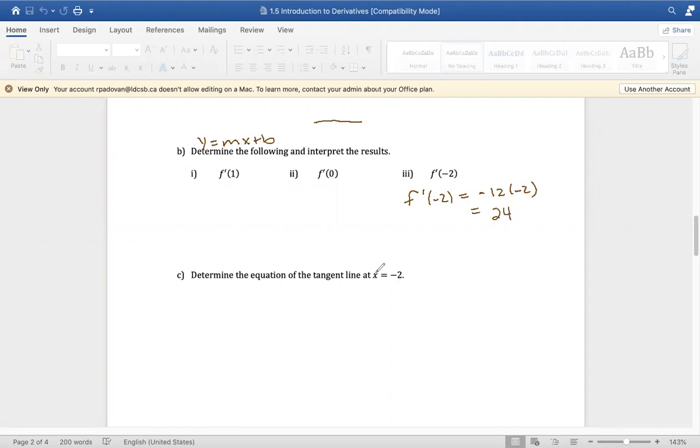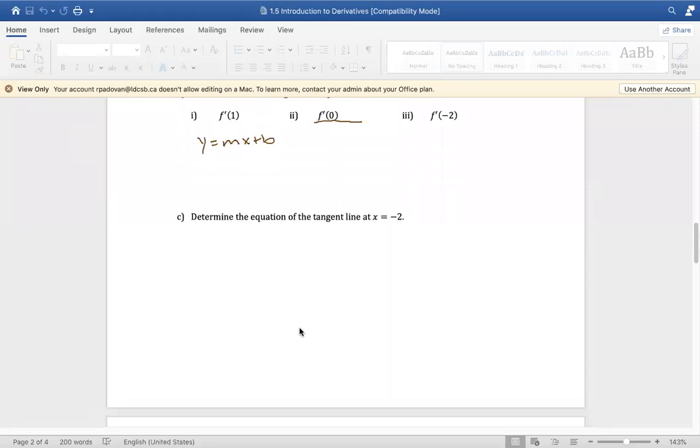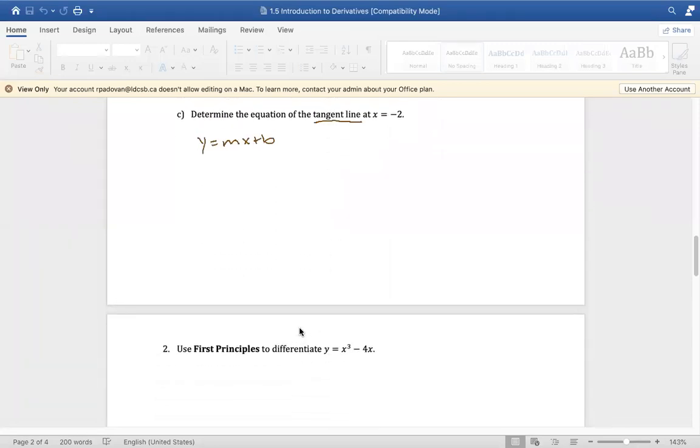So I already have x value at -2 here, which is the same x value of -2 here. And I had an answer of 24, which we already said was the answer to the slope of the tangent line. So I already have my slope. If I erase just this part, there we go.